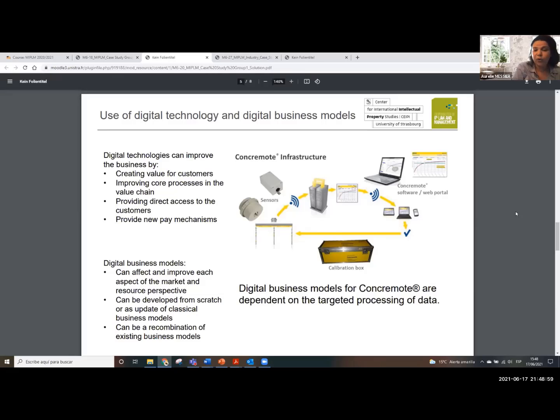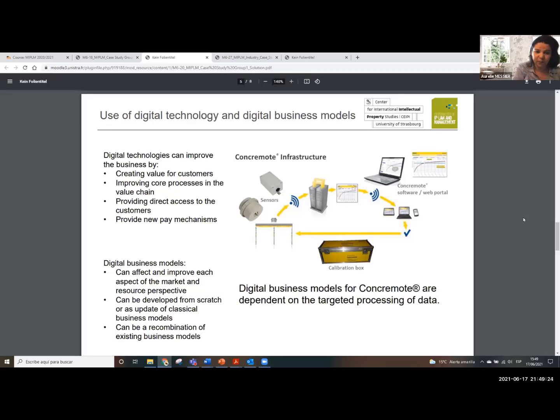These data are also available for all the people on the site, but also in laboratories through connected devices. And you have the calibration box, which is used, in fact, to feel the mixture of the concrete.